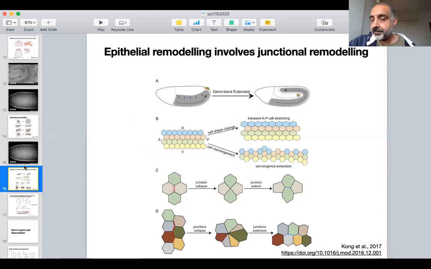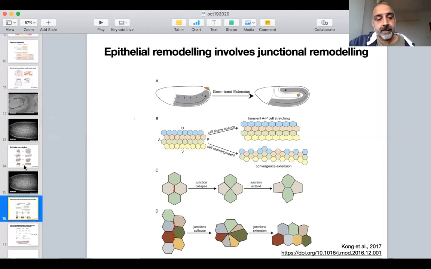Any questions here? If you're not quite getting it, you can contact me, and we can sit down and talk about this a little bit more. Usually when I'm lecturing this in person, I would get you all to demonstrate junctional remodeling.